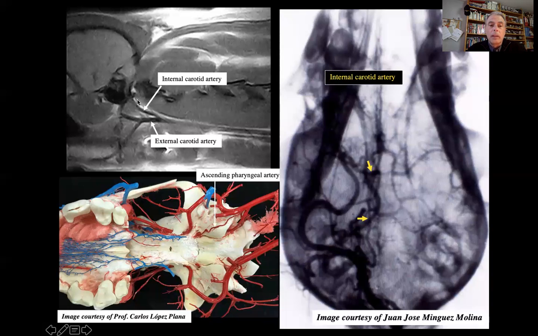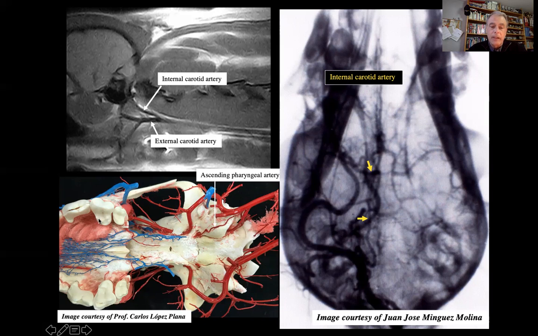Here on the top left you have an MRI, a sagittal section, to identify the common carotid artery that divides into the internal carotid artery, which is going to enter the cranium, and the external carotid artery. We identify the lingual artery, one of its branches.